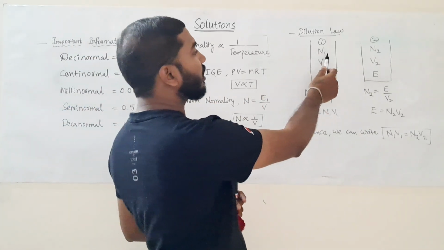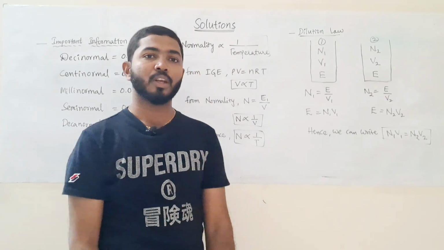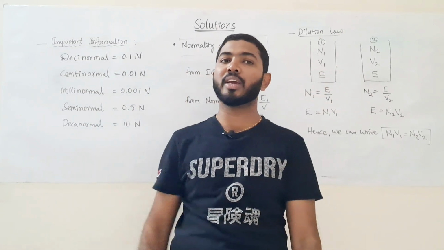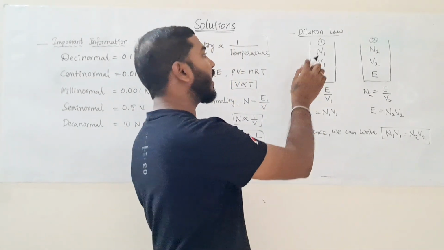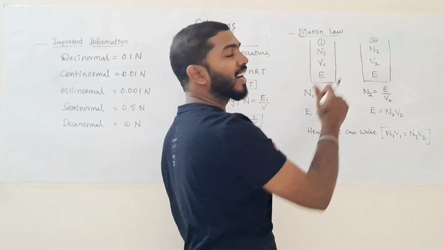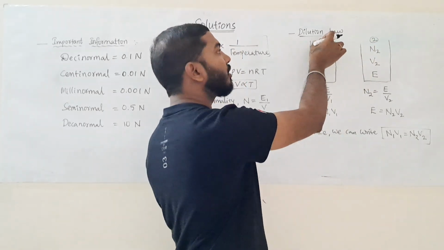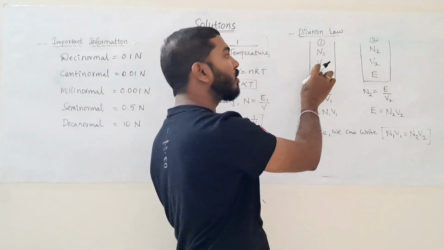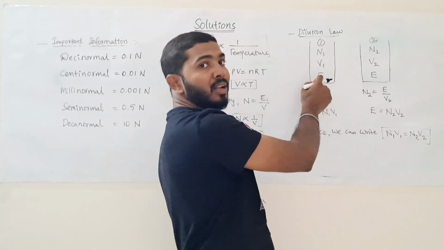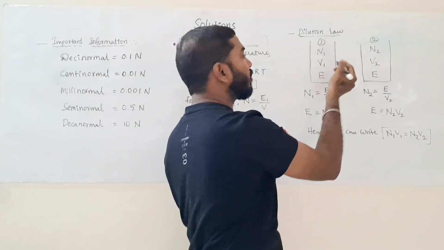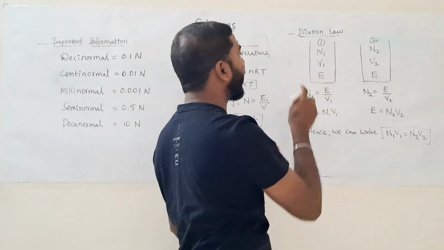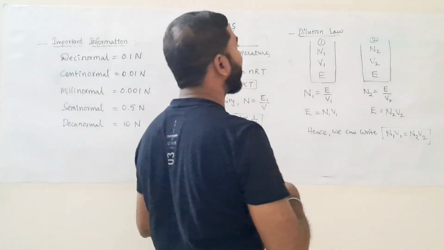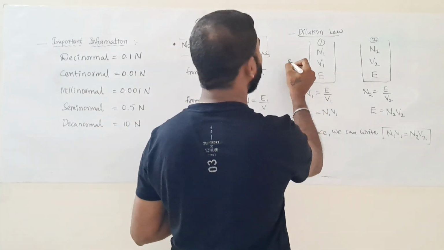Okay, next we move to the dilution law. This case also we have seen in the case of molarity. There we have taken two different conditions, where in the first case the normality is N1, volume V1, and the equivalents are E. This is called before dilution.